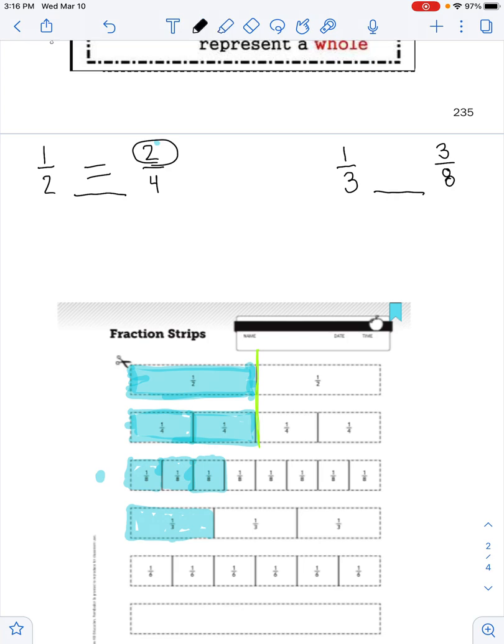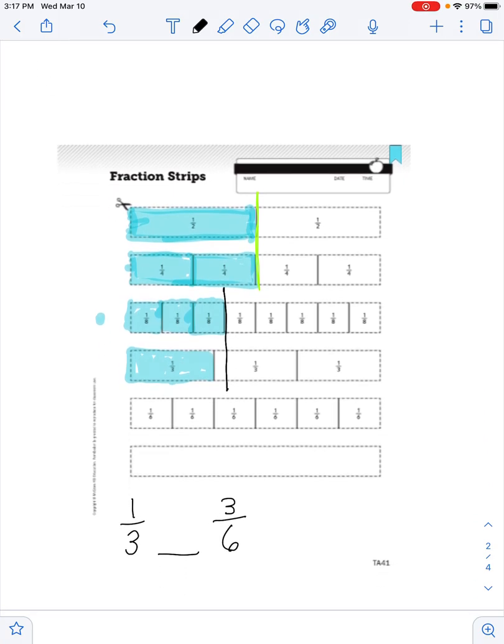I like to do this line going down because then I can tell exactly which one has more. So I can see that the 3/8 goes just a little bit farther than that 1/3. So I know 3/8 is bigger than 1/3. So I'm going to use the less than symbol because 1/3 is less than 3/8.